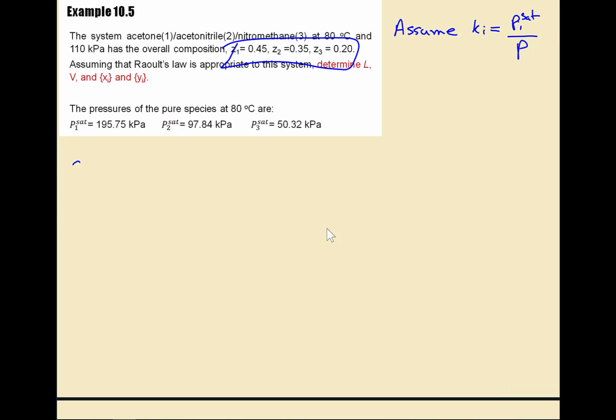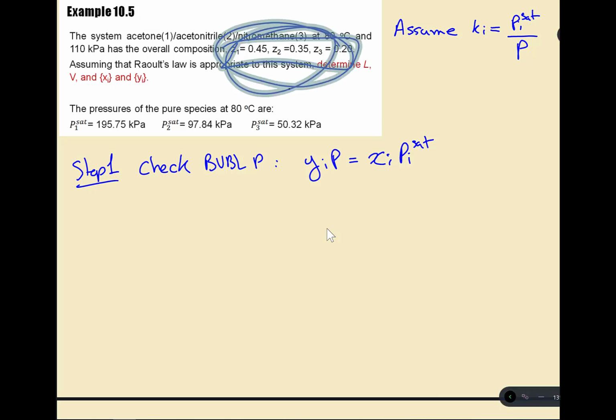So step one, we want to find the bubble pressure. So check bubble pressure. And we said it's Raoult's law, so y_i P equals x_i P_i sat. If you remember, for bubble pressure, we're going to assume we're in what phase? We're liquid and we're starting to vaporize. So we're going to assume these compositions here are all compositions in the x, in the liquid phase.